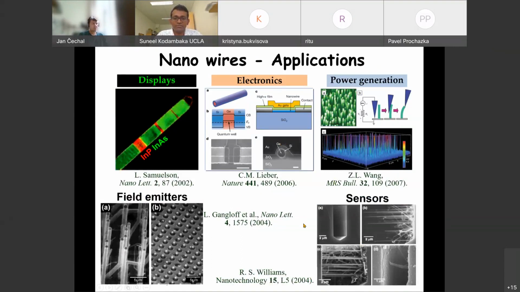There are a variety of devices that have been made using a wide variety of nanowires. So I encourage you to look up the literature if you're really interested in making nanowire-based devices. The most common are nanoelectronics and optoelectronics, and to some extent as power generators, but a common theme is also to use them as sensors because they have this high surface area.